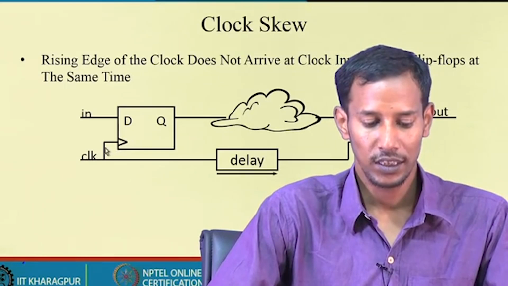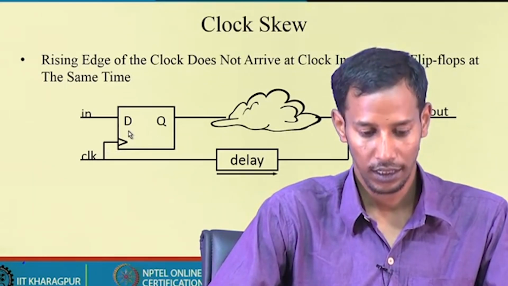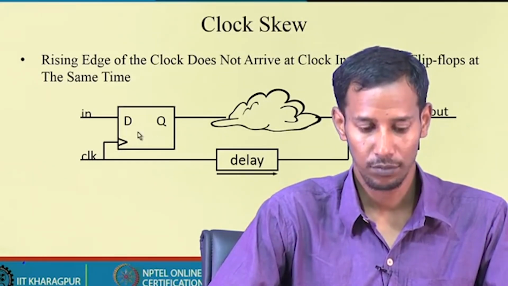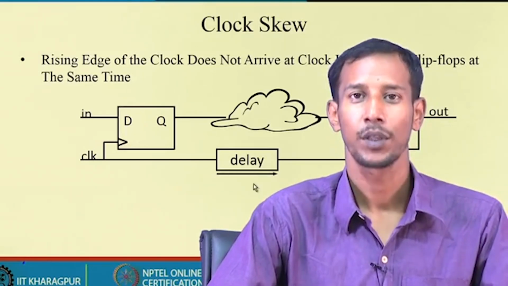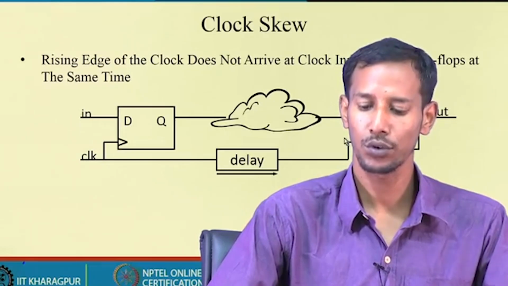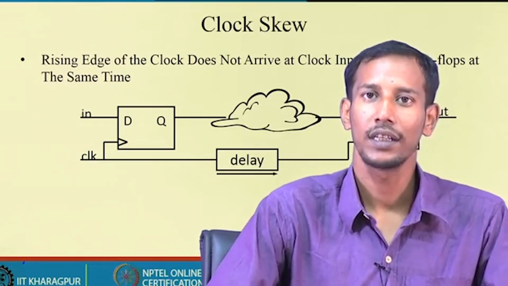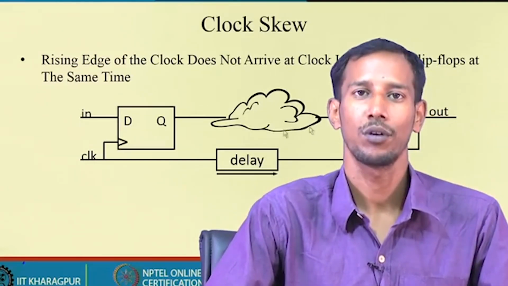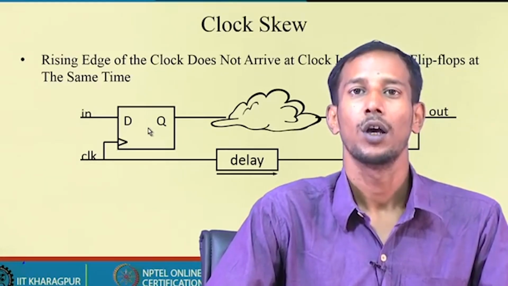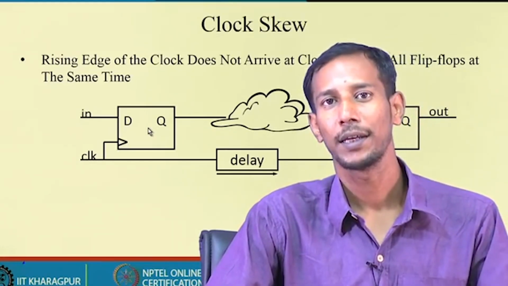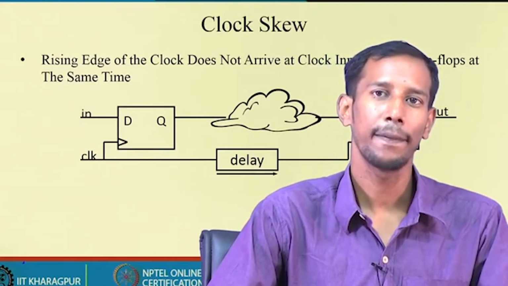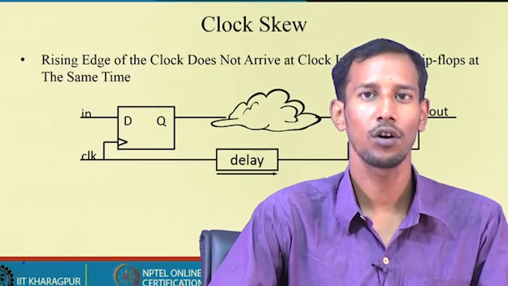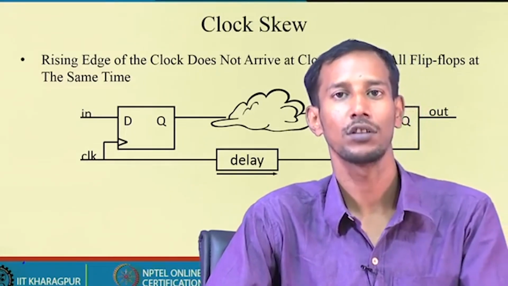Here you see the clock is applied to the first flip flop, then to the second flip flop with some delay. If I use a gated clock in any of the flip flops, there will be a difference between the clock which is applied directly and the clock which is applied after delaying or after using some gated logic.